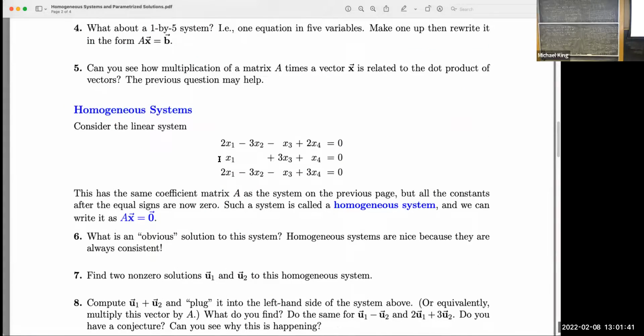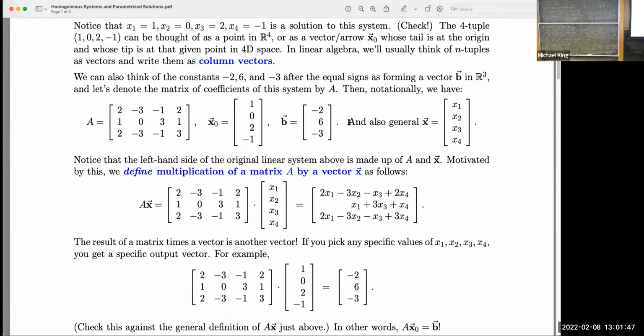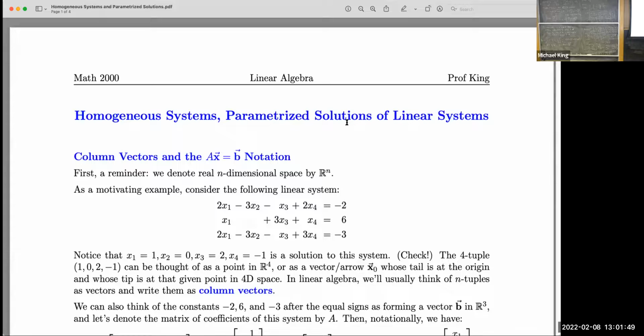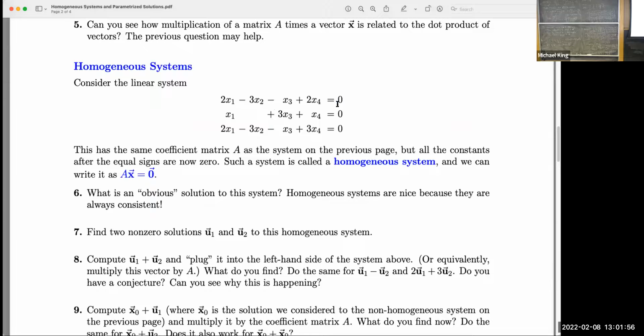This system has the same coefficients as this system, but we made all the entries after the equal sign 0. That tells us something about the solution. So we're going to do that on Thursday.